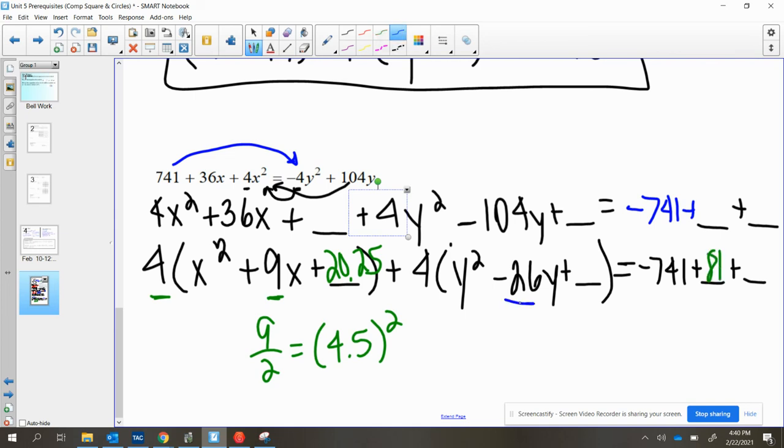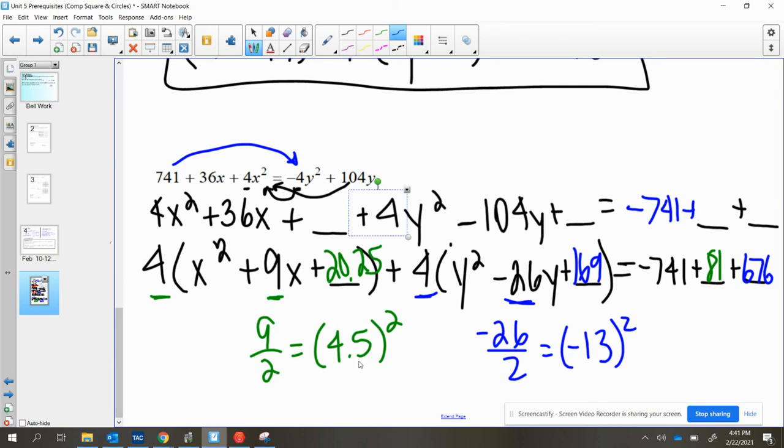And over here, when we start to complete the square, we're going to divide negative 26 by 2, get negative 13. Squared is 169. But again, we need to multiply that value by the value that we factored out, because really this is 676 when we multiply that by 4. That's what's actually on this other side because of the factoring.